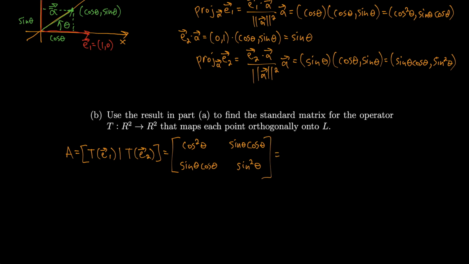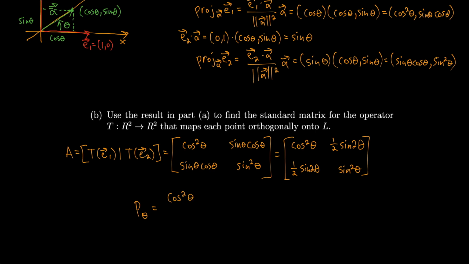And that equals cosine squared. But for sine theta cosine theta, we can remember 2 sine theta cosine theta is sine of 2 theta. So sine theta cosine theta is half sine 2 theta. We get half sine 2 theta over here, and then just sine squared. This orthogonal projection matrix is actually pretty important, so we'll denote it by P theta.